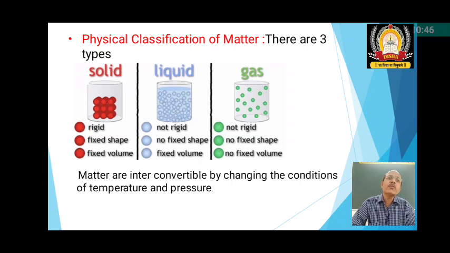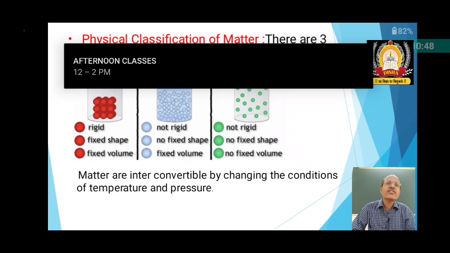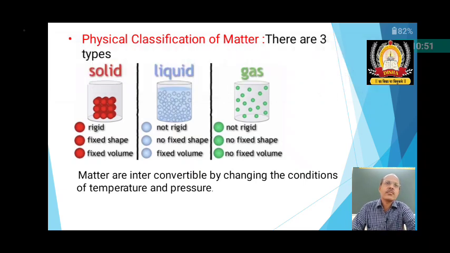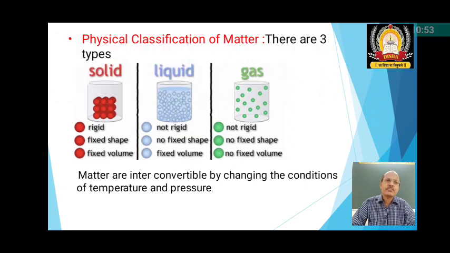Yes, one more important point here. As such, matter, that is solid, liquid or gas, they are interconvertible. That means solid can be converted into liquid, liquid can be converted into gas only by either changing the temperature or pressure.